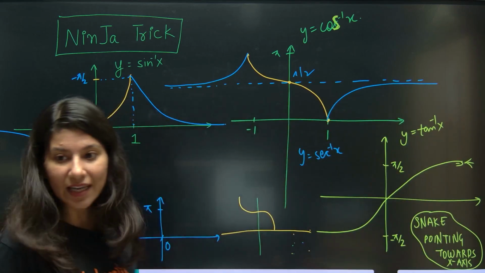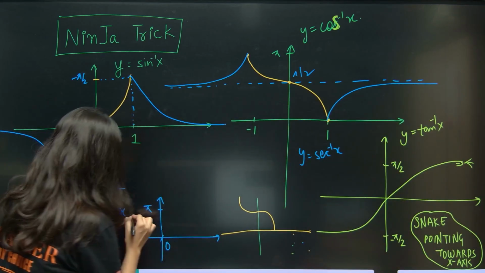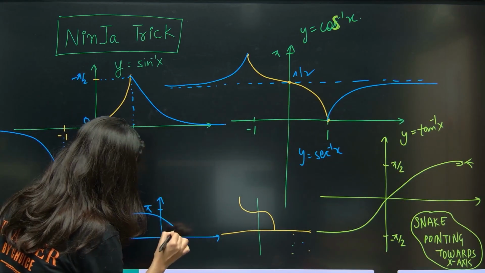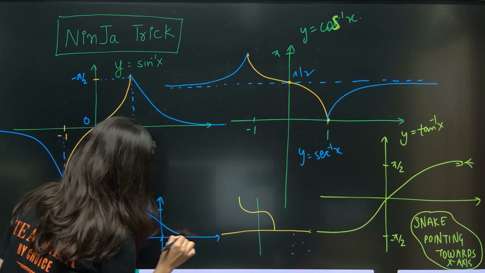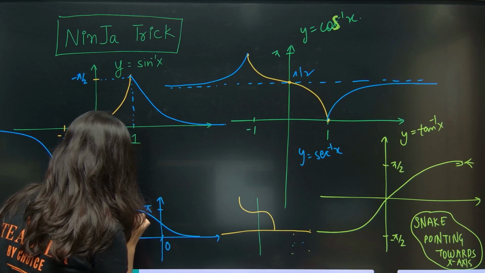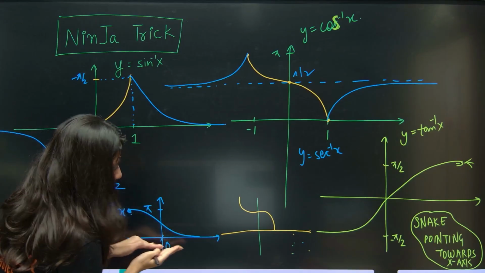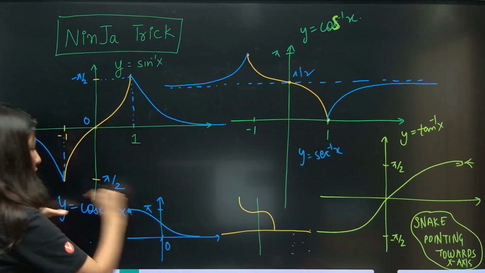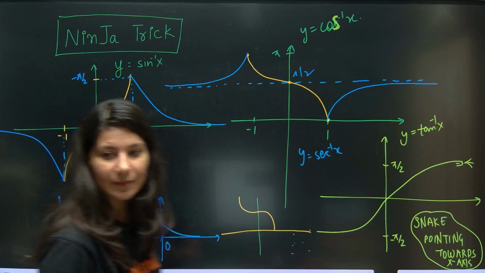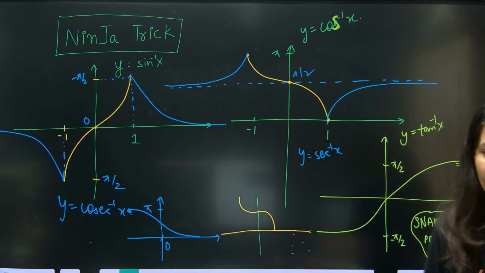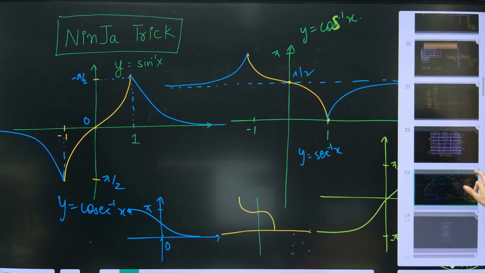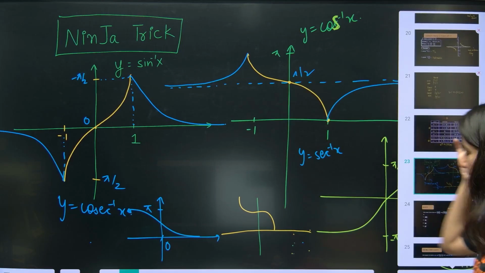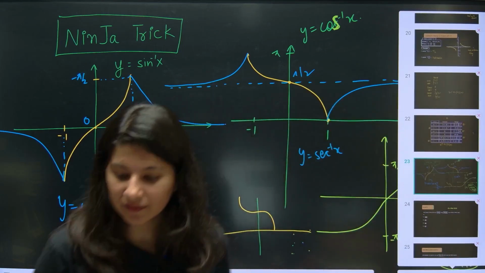Here the snake will point towards the negative x-axis, like that. So it will go here till infinity. Here also it will extend till infinity. Getting it? Understanding it? All the graphs clear? Everybody? Okie dokie?